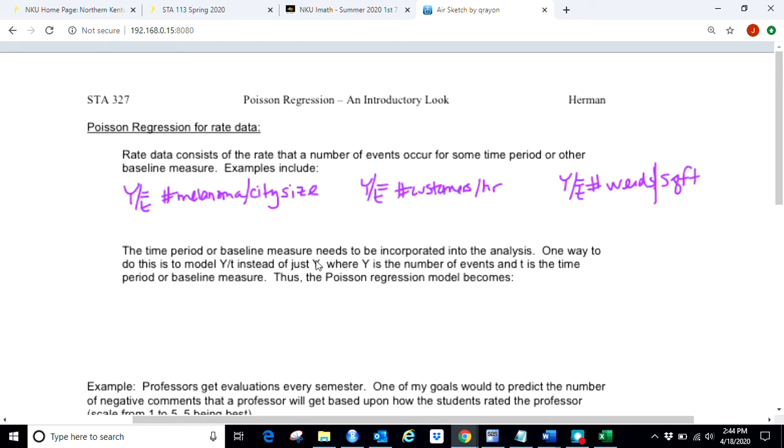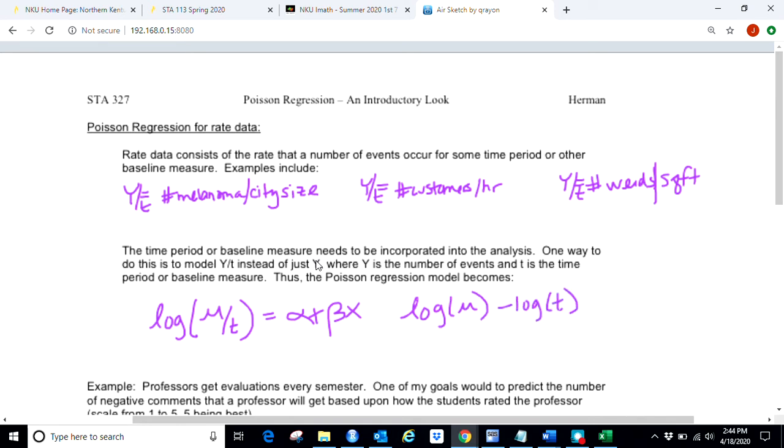And so how I would model this using the Poisson regression is I would say the log of mu in that time frame would be alpha plus beta times x. Or we could rewrite that, using our rules of log, as the log of mu minus the log of t is equal to alpha plus beta x.